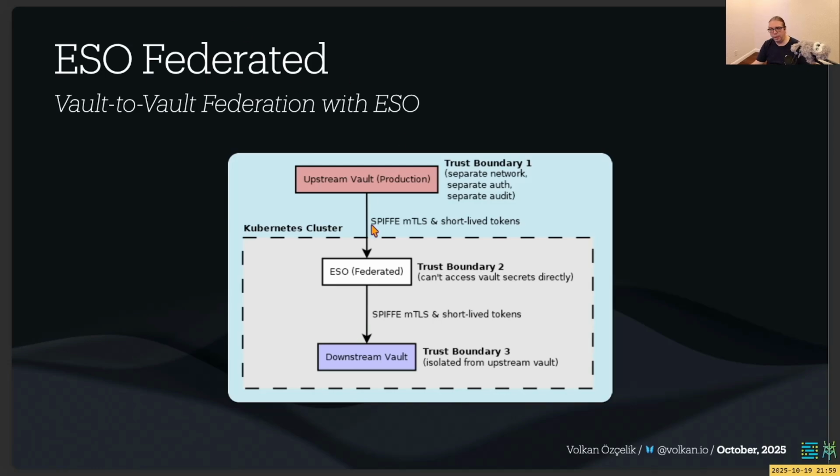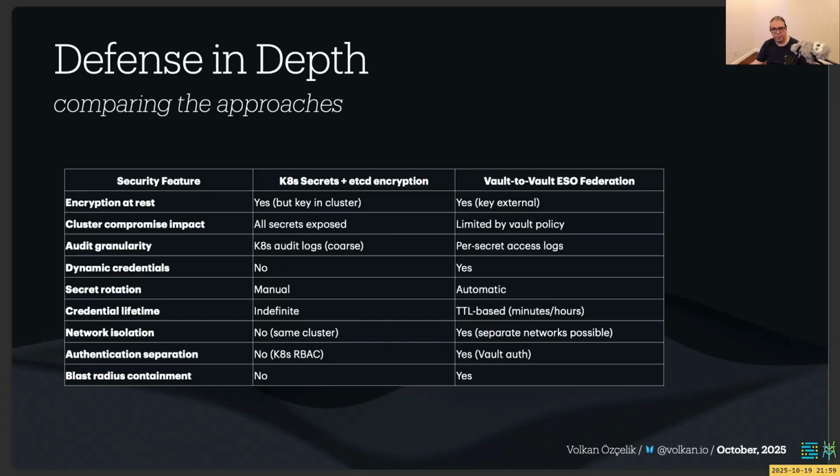So let's show a more detailed comparison chart between the two approaches. I'm not going to read all of these, but this chart summarizes how Vault-to-Vault federation is a much more secure, much more trustworthy way of federating and synchronizing secrets, especially if those secrets belong to a customer that they manage in their upstream on-premises secret store, like OpenBao or HashiCorp Vault.